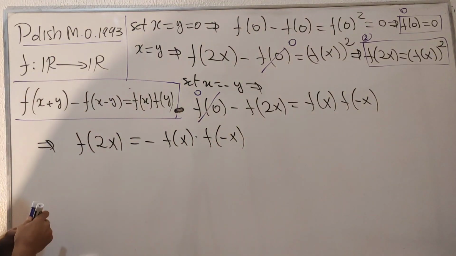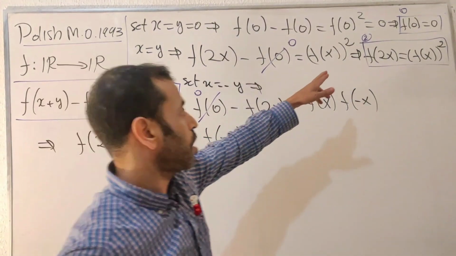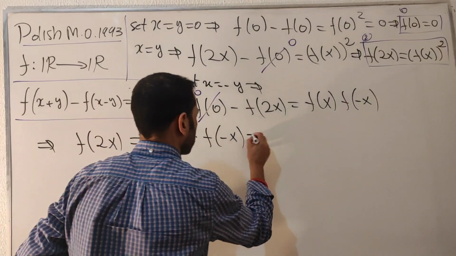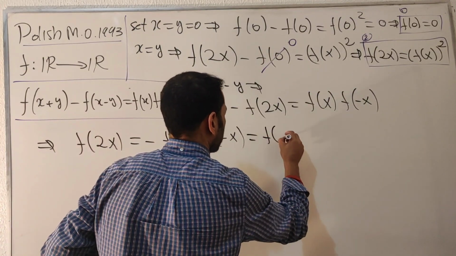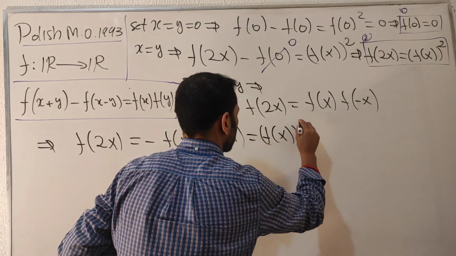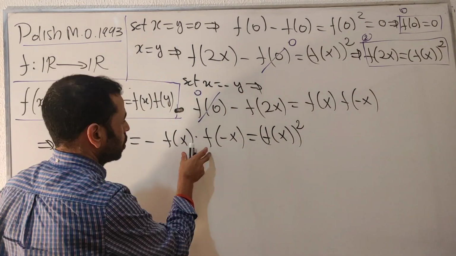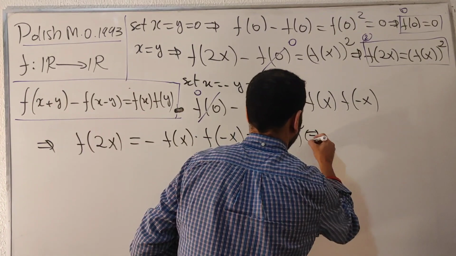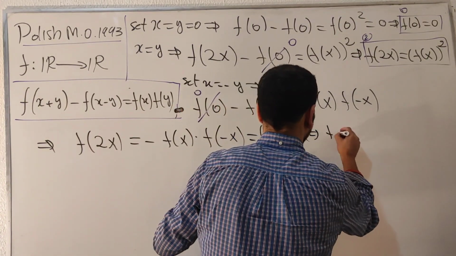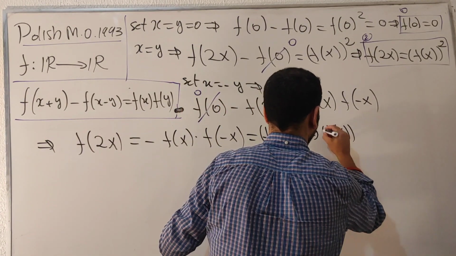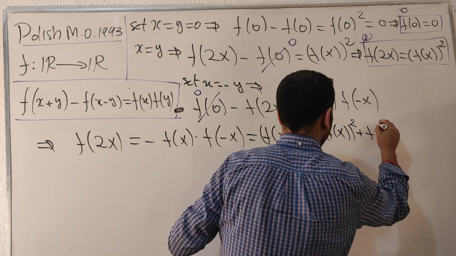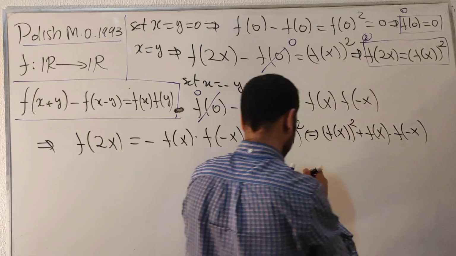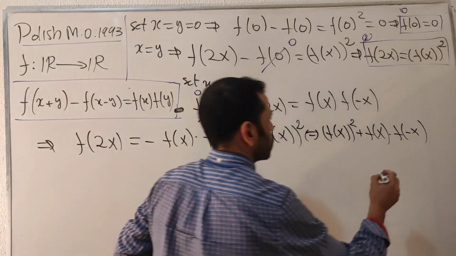At the same time, if you take a look at the above expression, we get f of 2x equals f of x squared. So let's replace that by that factor right there, which is f of x squared. Okay, I'm going to move this product to the right side. So I get the following: f of x squared plus f of x multiplied by f of minus x equals 0.